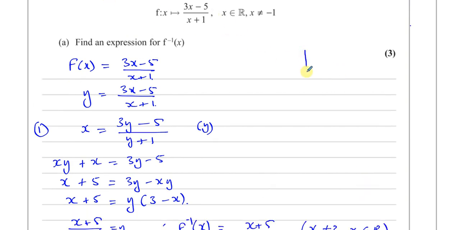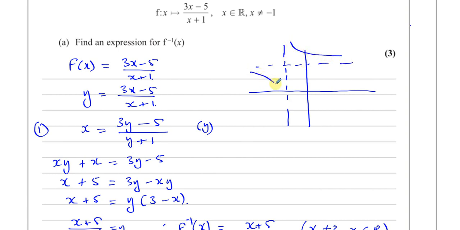You don't really have to even think about the sketch, but there might be some questions where they have restricted the domain. Okay, for example, they might have said x is greater than 2. Actually, it was the other way around. Sorry, it was in the other two quadrants, wasn't it?